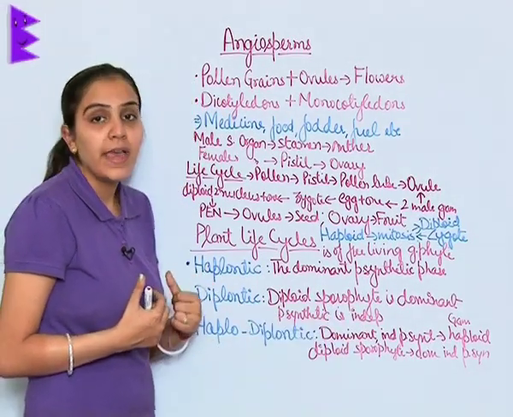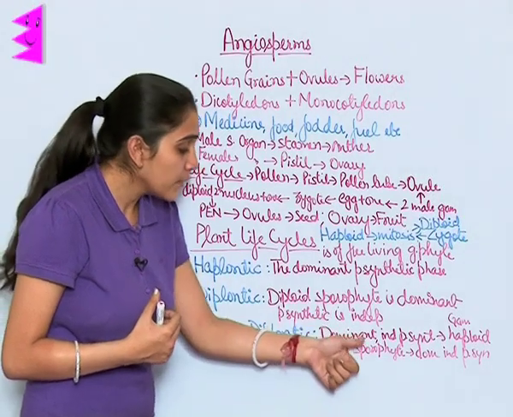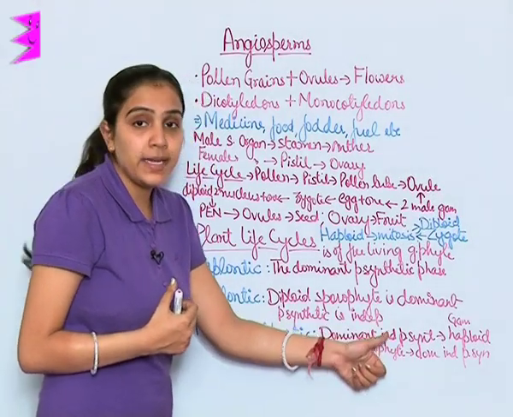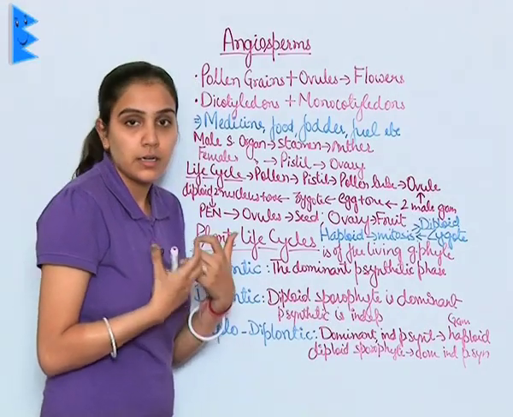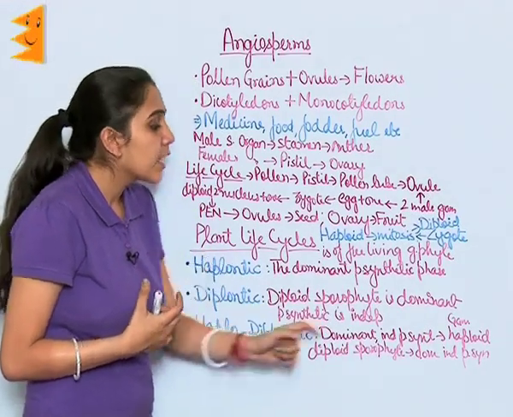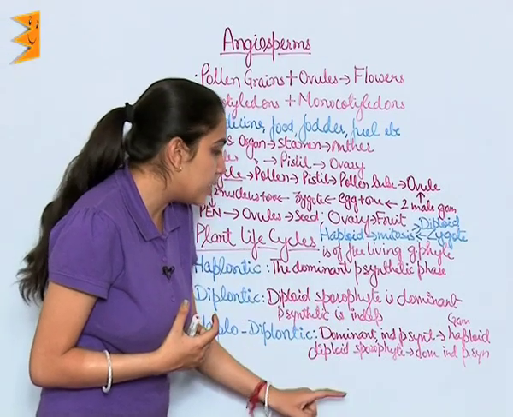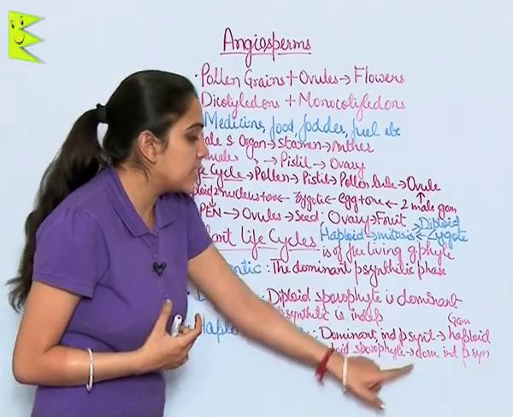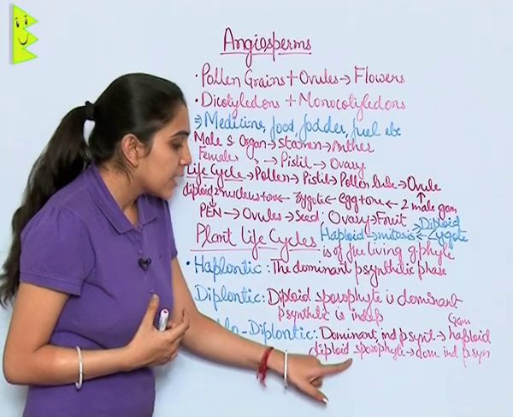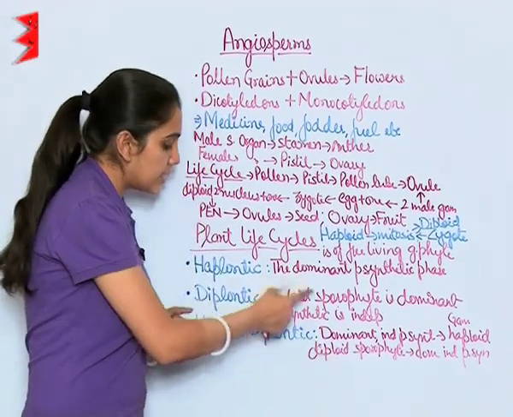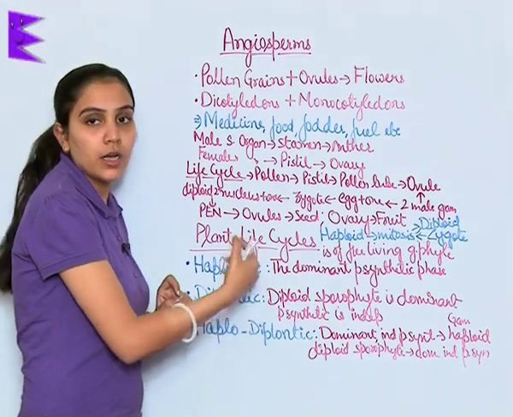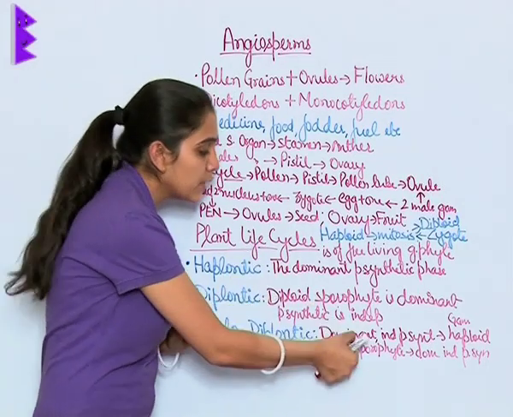In case of haplodiplontic, dominant independent photosynthetic phase is represented by haploid gametophyte as well as by diploid sporophyte. In this haplodiplontic, what happens?